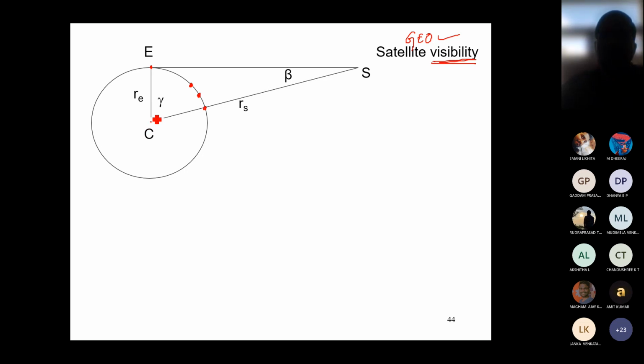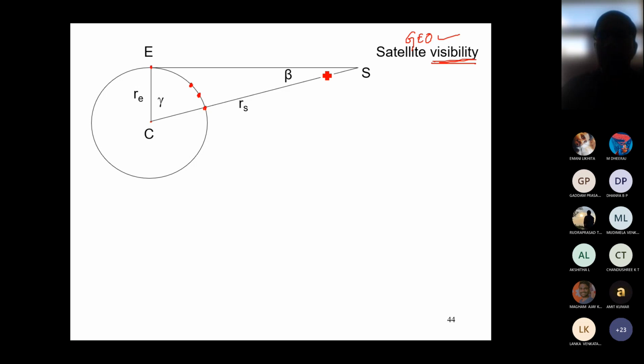Okay, now this I can call as the radius of your Earth, and this distance RS, the line joining from the center of the Earth to the satellite, this distance we call as the orbital height of the satellite. Okay, that means if the orbit is a circular orbit, then the orbital height represents the radius of the circular orbit.